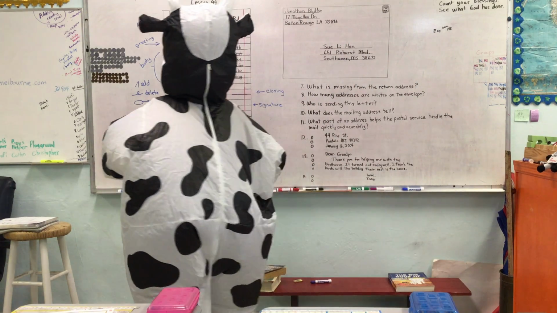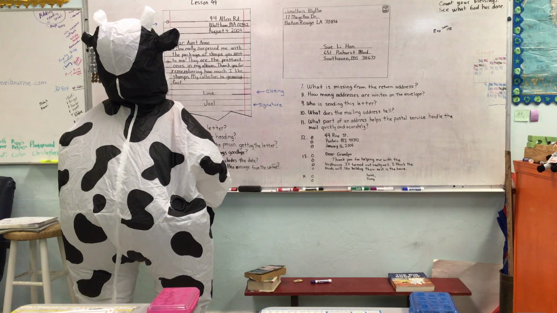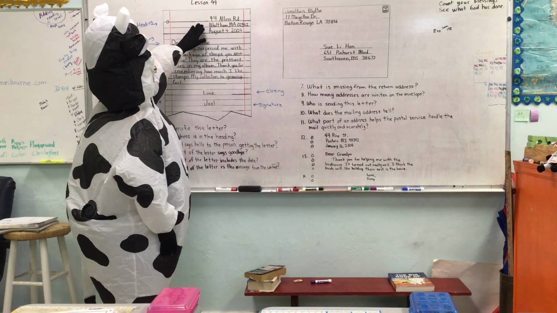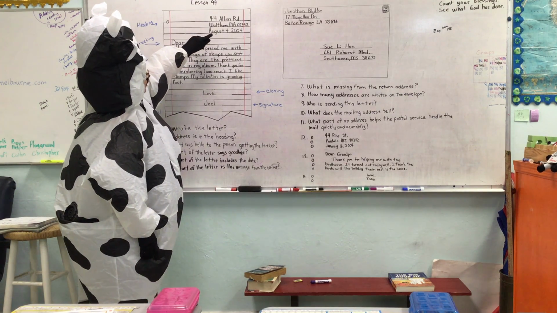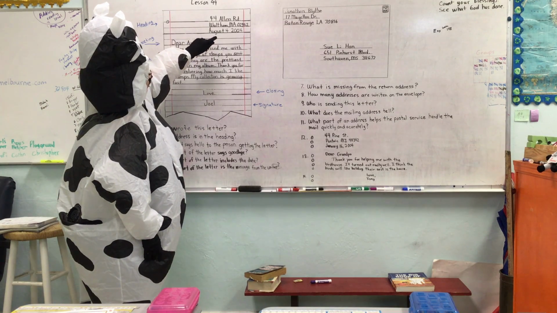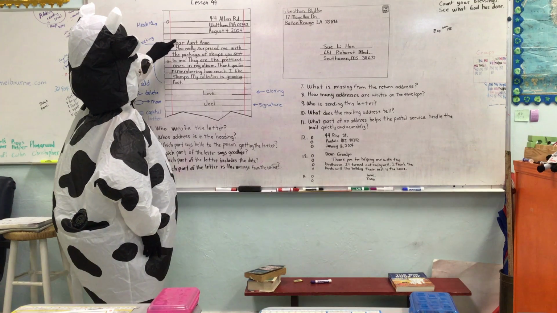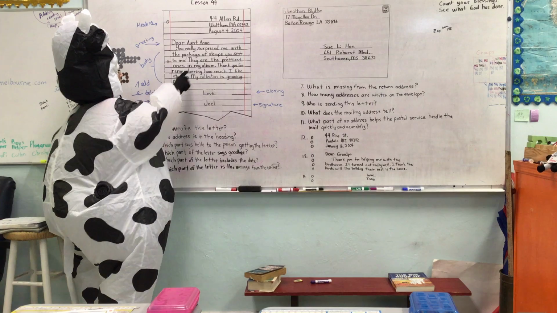So now let's look. Okay, now you're going to look at this: 44 Allen Road, Waltham, Massachusetts, 02452, August 4, 2004. Dear Aunt Anne, you really surprised me with the package of stamps you sent to me.